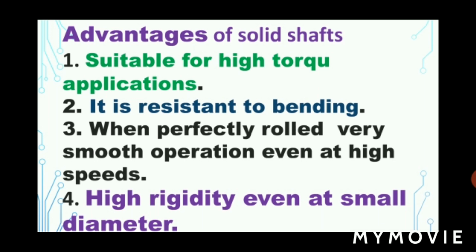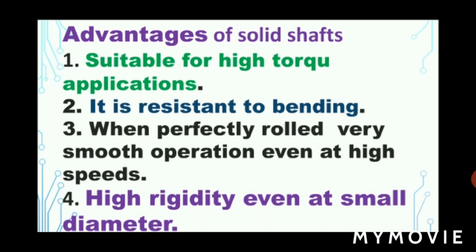Next, it is perfectly rolled for very smooth operation even at high speeds. So simply you can understand that for high speed application and high torque transmission, you use a solid shaft. That is the basic point here. Next, high rigidity even at small diameter.